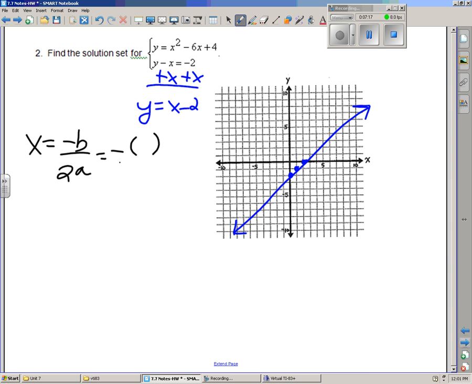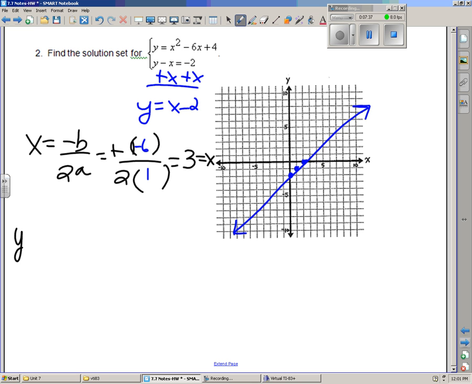So it's negative b, over 2a. And the thing that's attached to the x is a negative 6. The thing attached to the x squared is a 1. Double negatives up top. If you do 6 divided by 2, you're going to get 3 for your x coordinate.